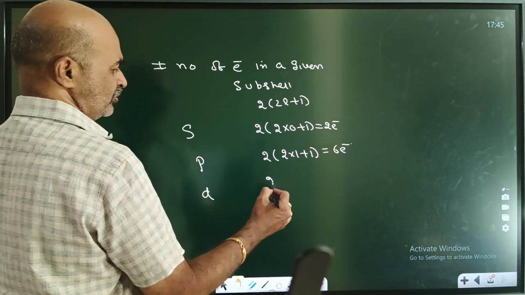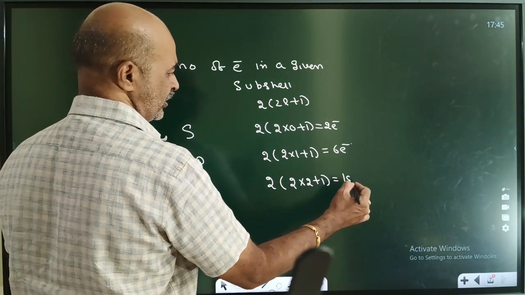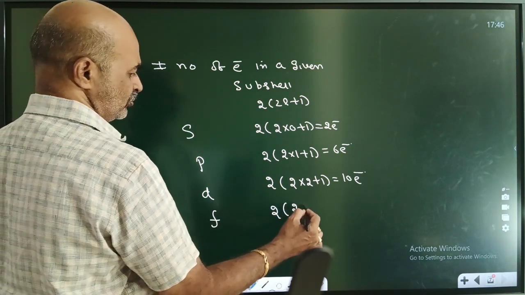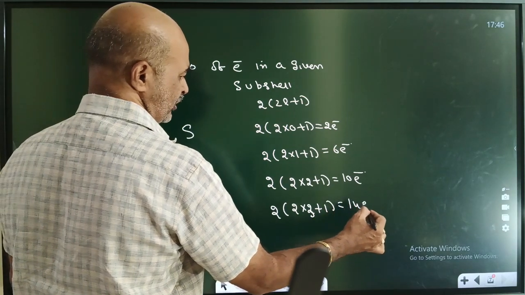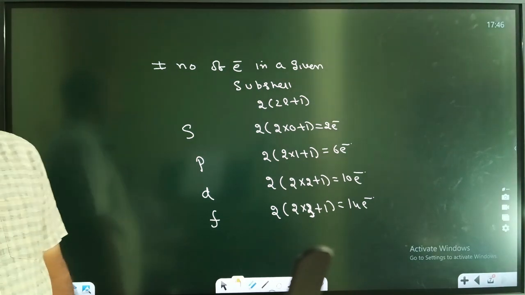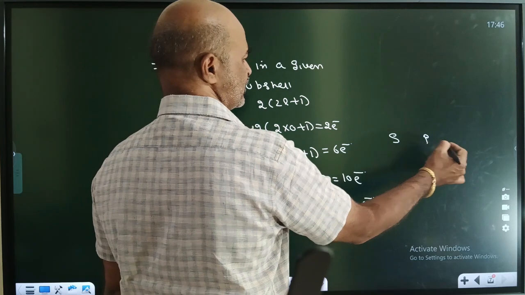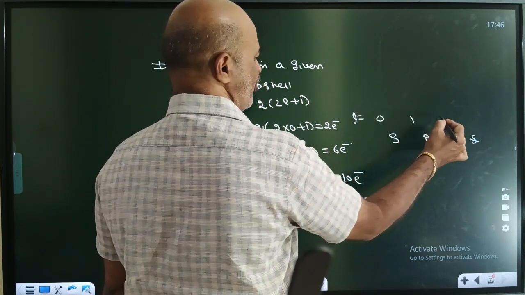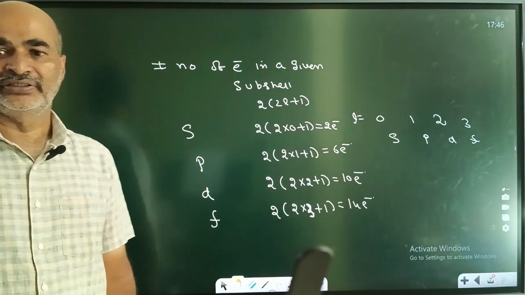The d subshell: 2 into 2 plus 1, that is equal to 10 electrons. The f subshell: 2 into 3 plus 1, that is equal to 14 electrons. So for s, p, d, f subshells, L is equal to 0, 1, 2, 3.